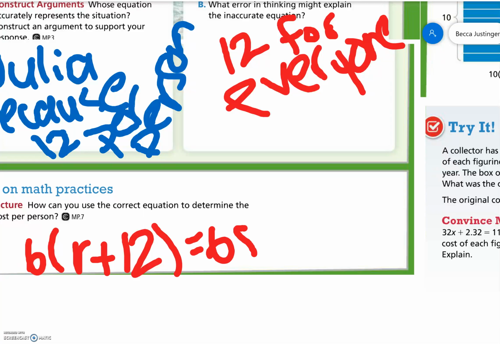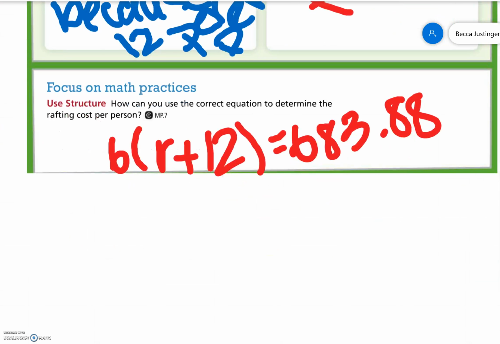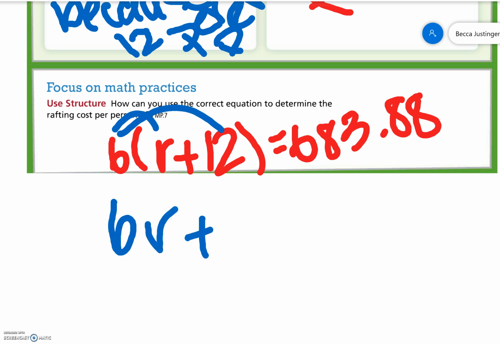Well, I see the number outside of the parentheses, so I know that means I have to distribute, which is today's lesson. Remember, distribute is to multiply. This gives us 6r plus 6 times 12 is 72 equals 683.88.